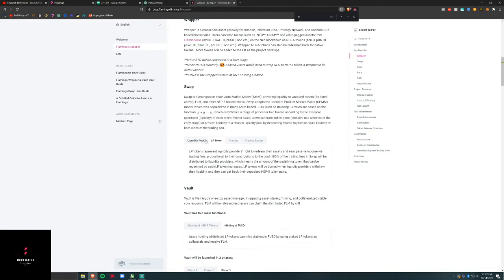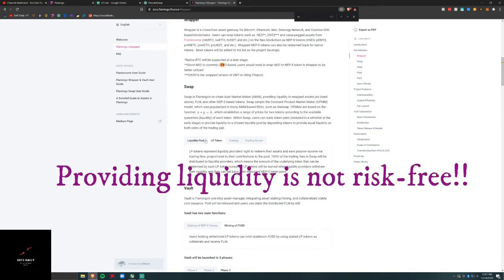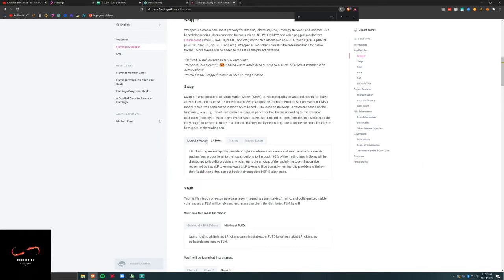If you want to get your NEP5 tokens back, you have to burn your liquidity pool tokens. Keep in mind, when you put your tokens in there, you're going to lock in the rate between the two. We'll get into that more, and how that generates impermanent loss, which can hurt your returns.